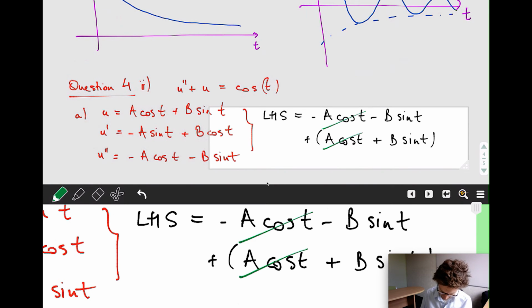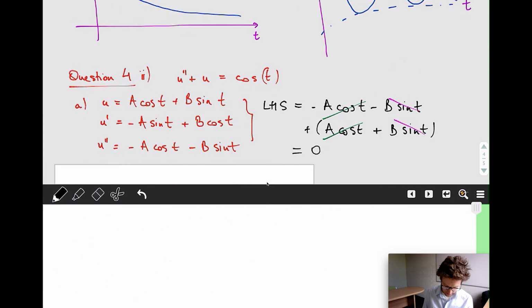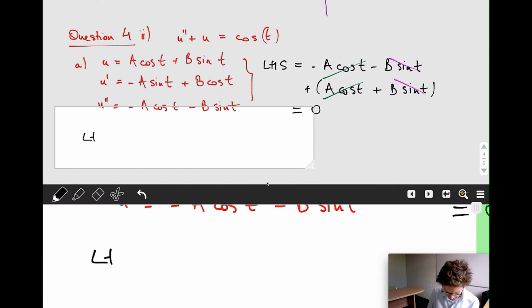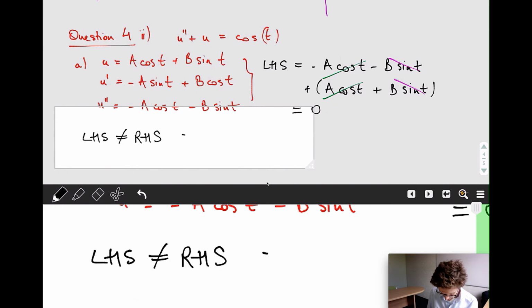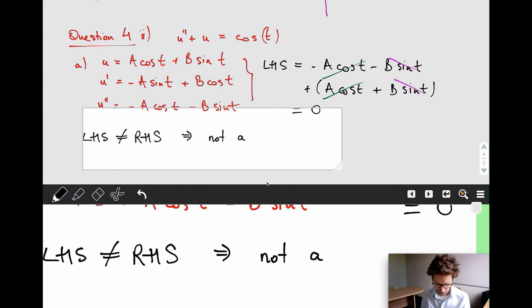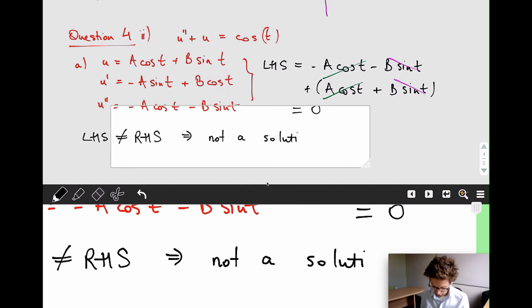This term cancels with that term, and this term cancels with this term. So the left-hand side is equal to 0, which means that the left-hand side is not equal to the right-hand side, implying that this is not a solution. If this was a solution, of course, if I substitute it into my differential equation, I should find that both sides are the same. So this is not a solution.